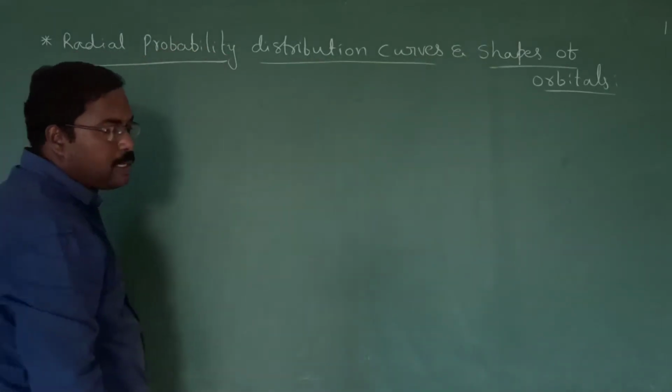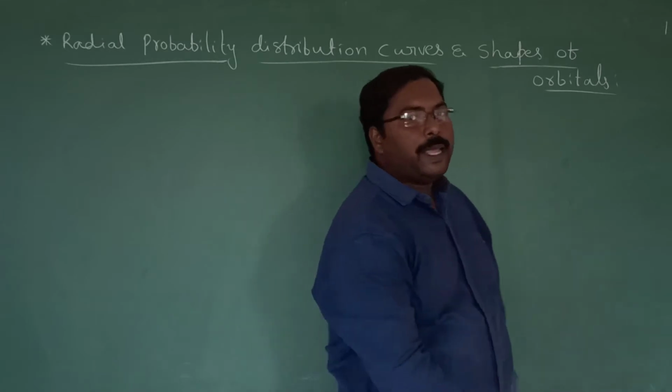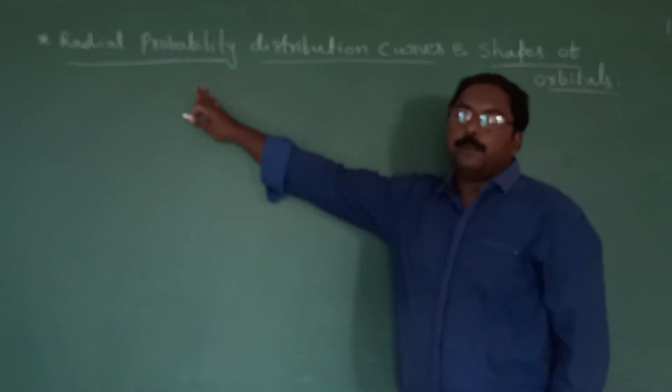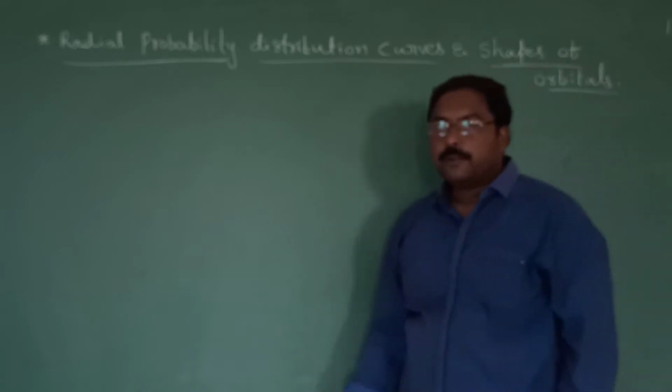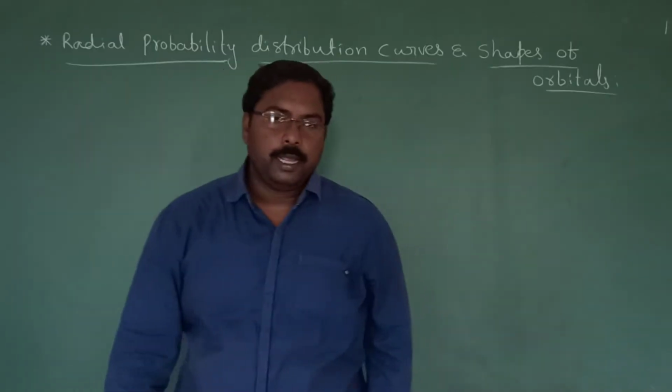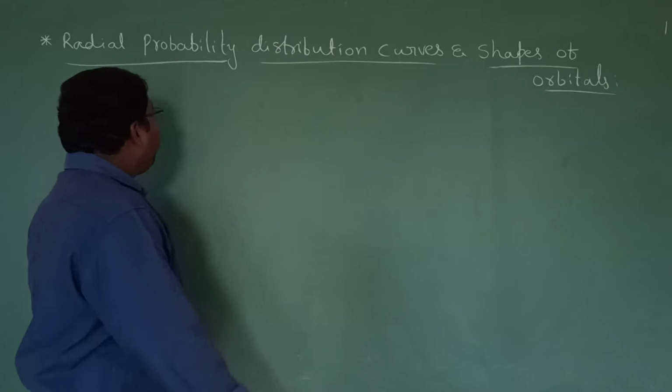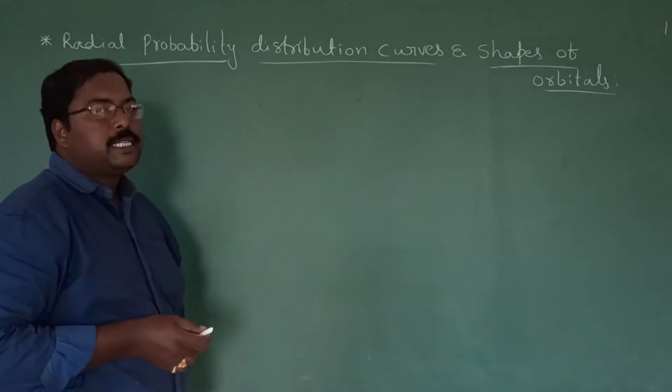So in today's class, we are going to discuss mainly the radial probability distribution curves along with the shapes of the orbitals. Now first, coming to the radial probability distribution curves.